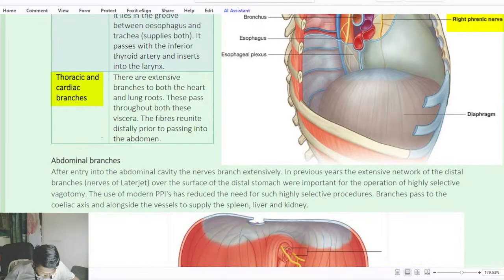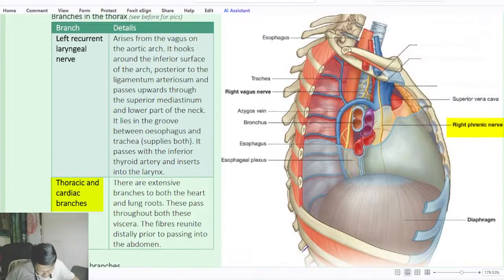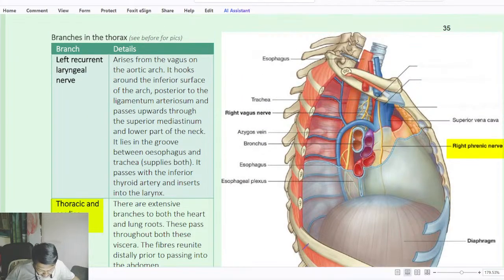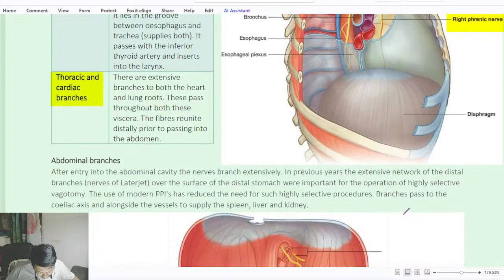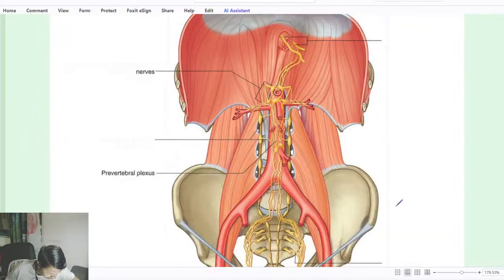I read this in details from that and another lecture file. I found that one relatively easy. You can also try, but you need to read in details. Vagus nerve is a must. You have to read all.